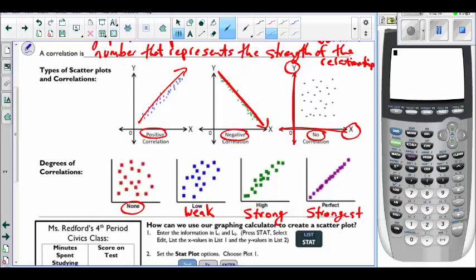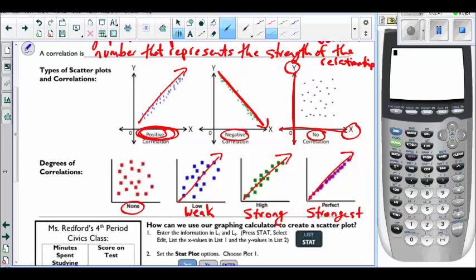All three of these are positive. But some of them stick to that line better. Actually, I'm drawing lines of best fit in there to show you, really just to mark the trend of the points. They're all positive, so they all match up with a positive slope. But the first one, the blue one, is weakest.